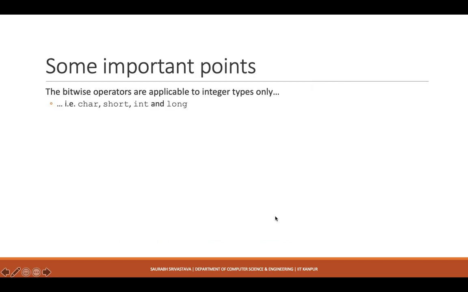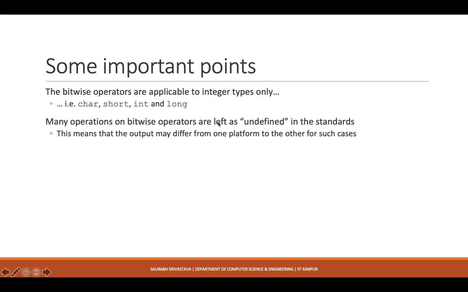So some finer points: the data types which you can use with these bitwise operators are char, short, int and long, the integer types. There are many operations which are left undefined in the standards. I have given a link, I think, in the homework, so you can read that link.